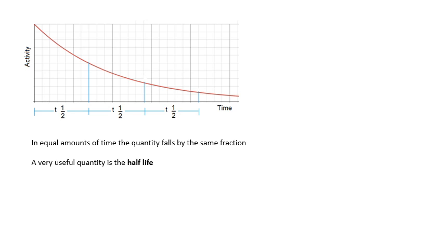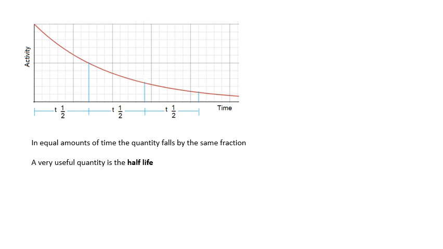So the half-life is the time it takes for the activity to halve, or it's the time it takes for the number of unstable atoms to halve. The number of daughter atoms will actually be getting bigger, by the way, but the number of unstable parent atoms will be getting smaller and smaller, and the half-life is the time it takes for N to halve, or the time it takes for dN/dt to halve.